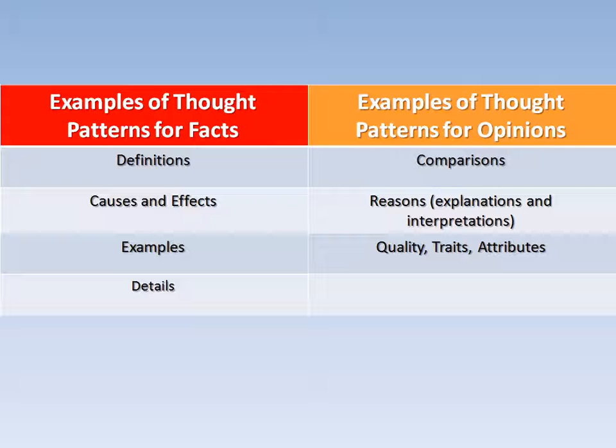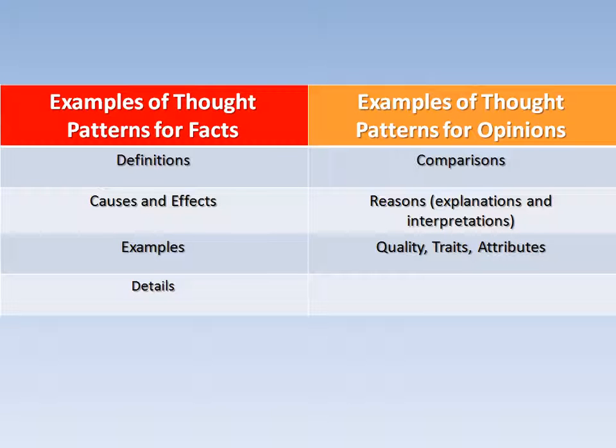In addition to the wording of an idea, relationships between ideas and thought patterns may also signal a fact or an opinion. For example, facts are often stated as examples or details that can be verified. Let's look at another chart. These are examples of thought patterns for facts. They can be noted as definitions, causes and effects, examples, or details.